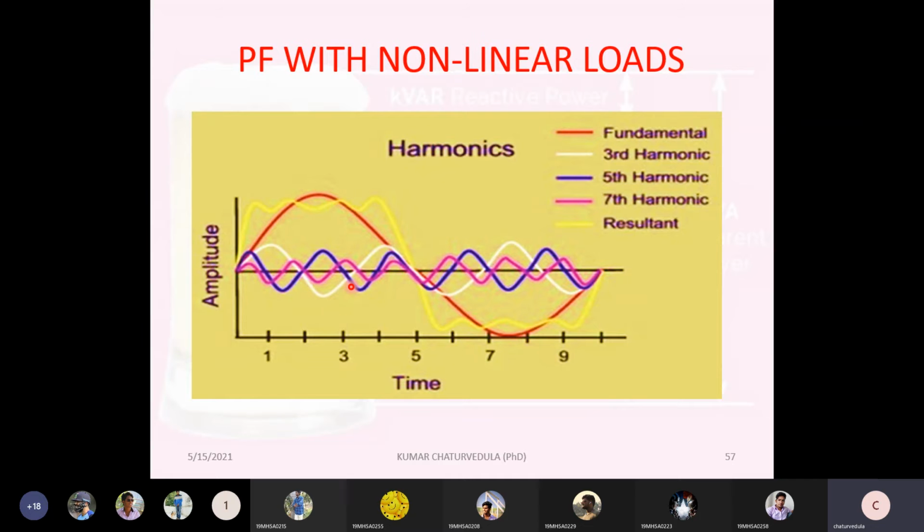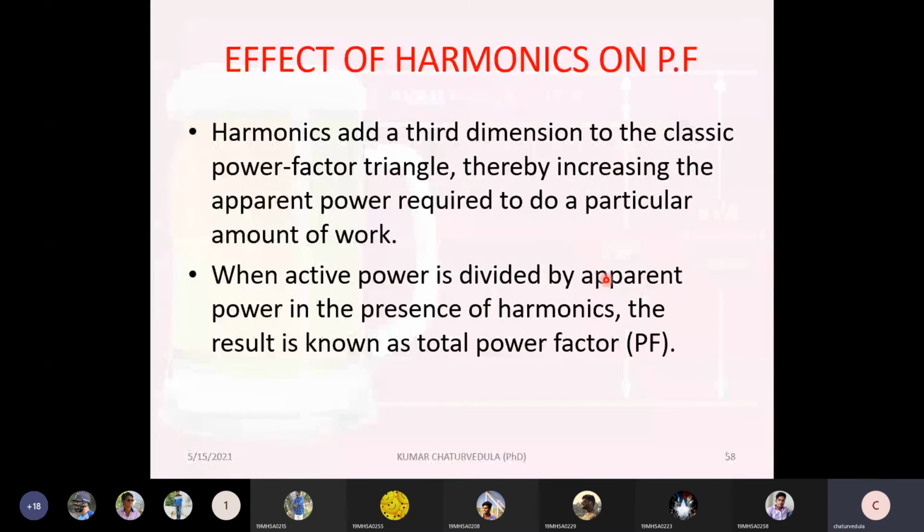These are the different harmonic components available. Because of their presence, the final resultant curve takes this shape. Actually, it should be a clean sine wave, but because of the harmonics, our voltage or current waveform operates like this. This is the effect of harmonics with non-linear loads.